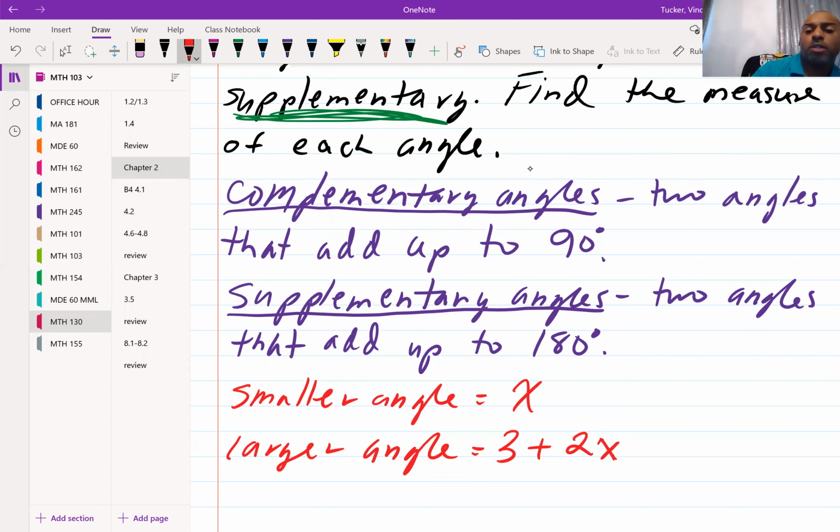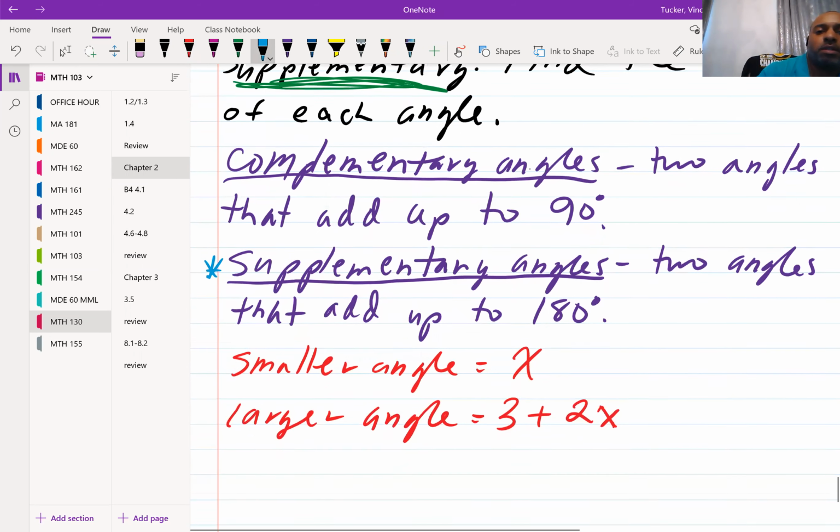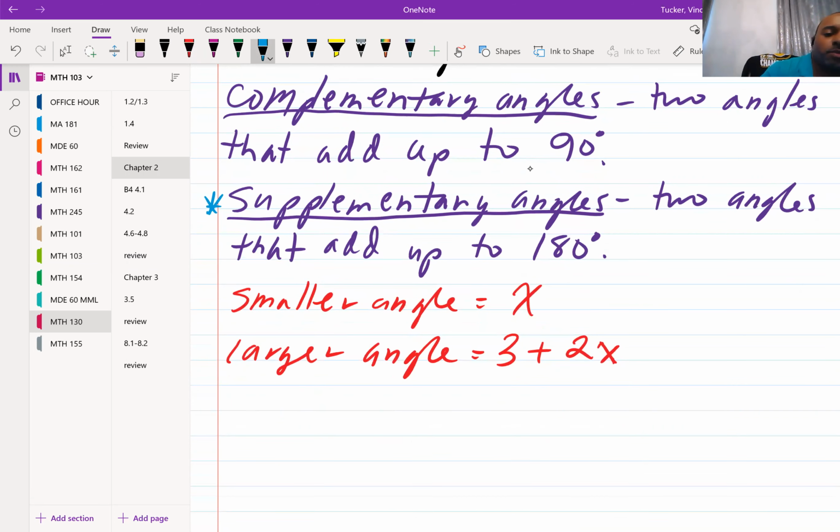All right. So from there, remember, I think I'll go blue. Our angles are supplementary. So that means when I add them together, they're supposed to equal 180.